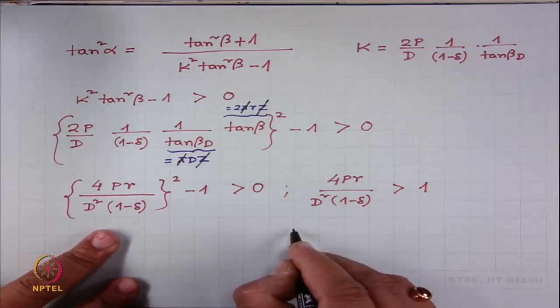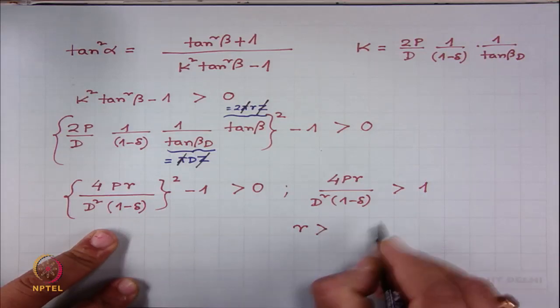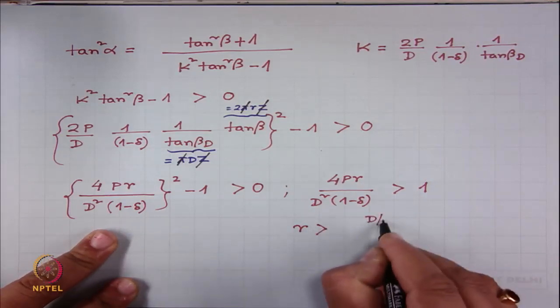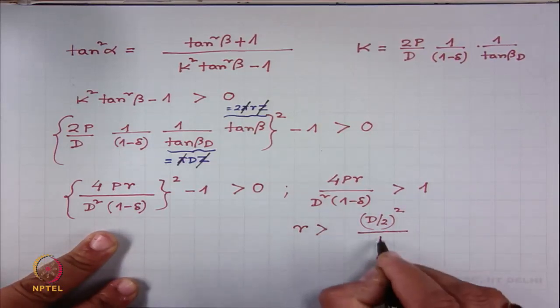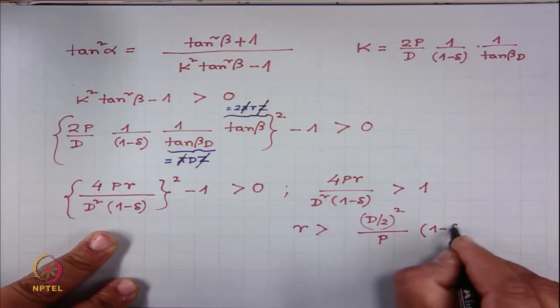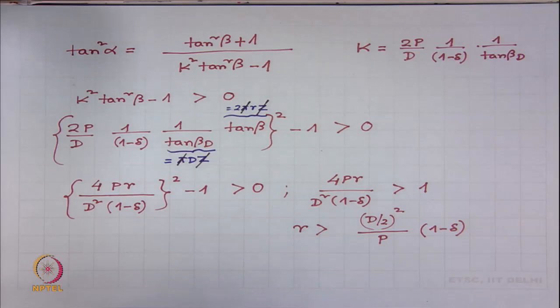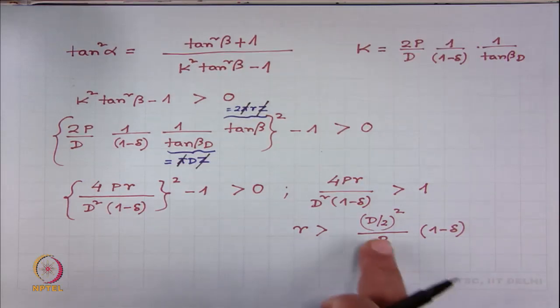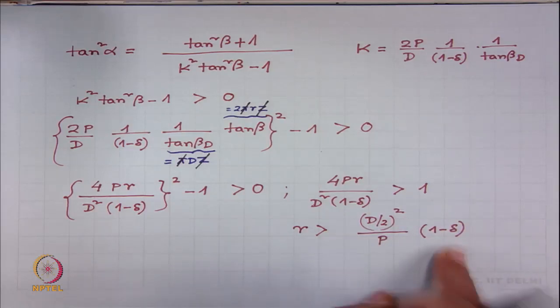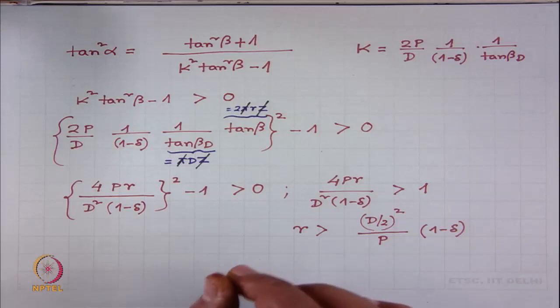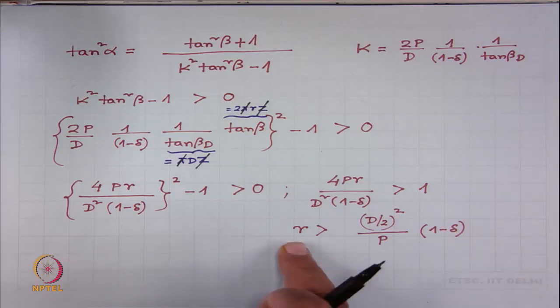So, r must be greater than this. r must be greater than a small quantity. d is very small, p is small, retraction is also small. So, this expression gives you a very small value, however, it is a value and r is greater than this.